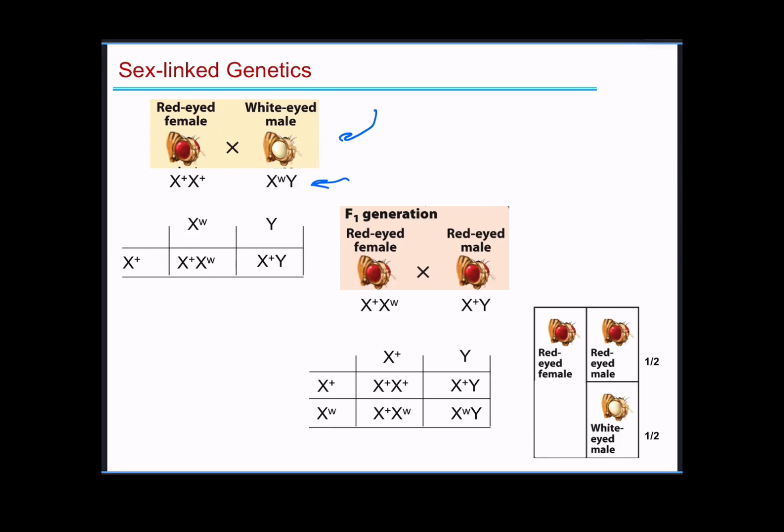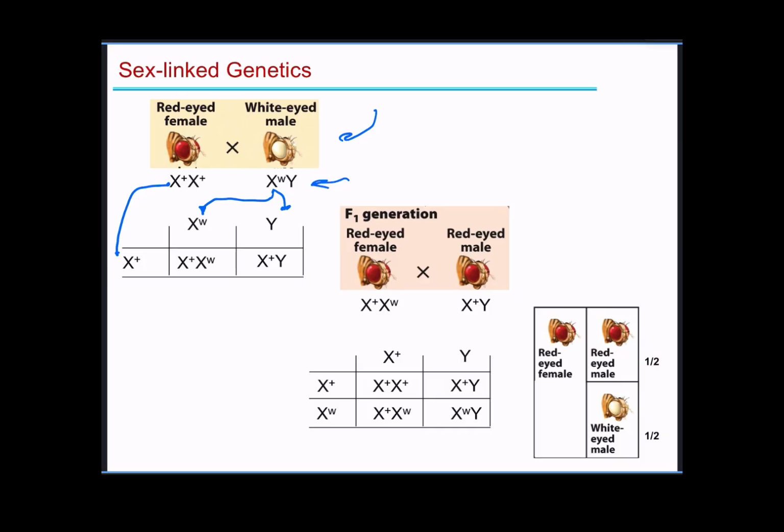When you conduct this cross, the male is producing half the sperm with an X chromosome with a mutant allele and half the sperm with a Y. The pure breeding female is producing eggs that can carry only an X chromosome with the wild type allele.